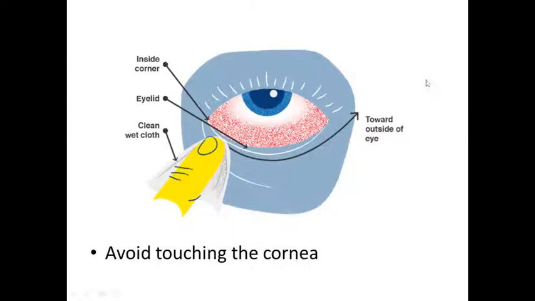Likewise, using a new, slightly moistened sterile gauze swab, gently swab the upper lid by gently lifting the eyelid margin and asking the patient to look down, from the nasal corner outwards once only. Avoid touching the cornea to reduce the risk of damage.